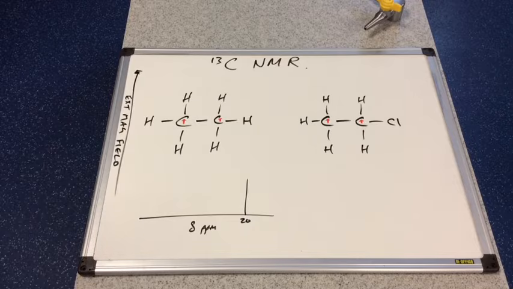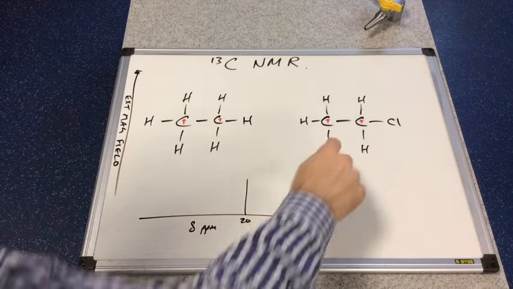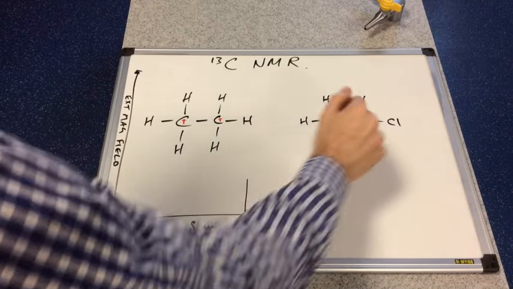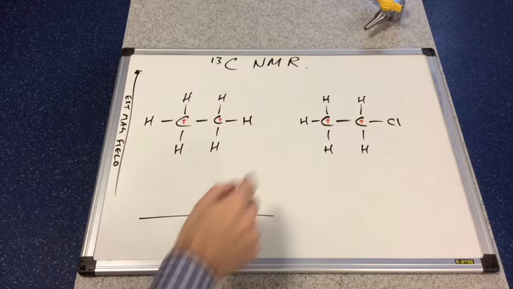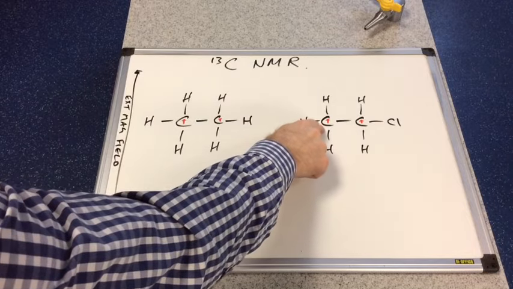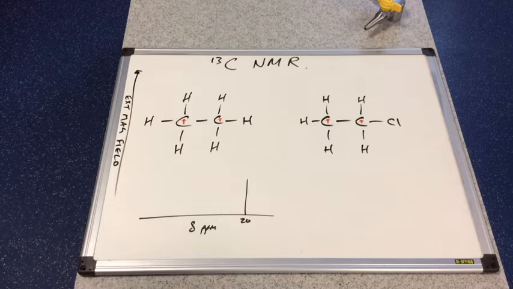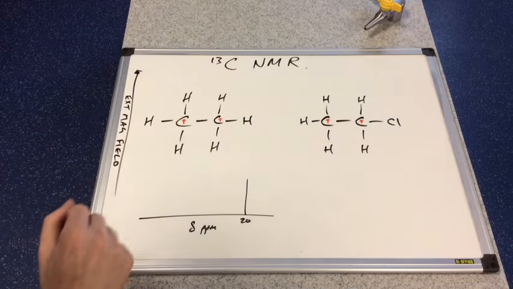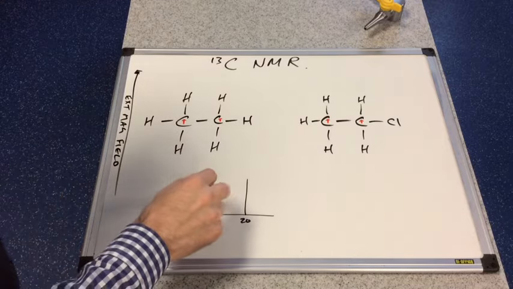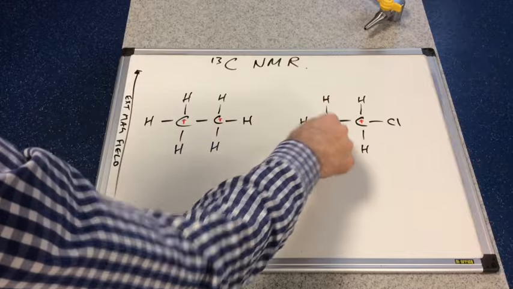If we look at chloroethane now, we've actually got 2 environments in chloroethane, because this carbon has a slightly different environment surrounding it to this carbon. And again, if you can't see that, just ask yourself, what's this bonded to?